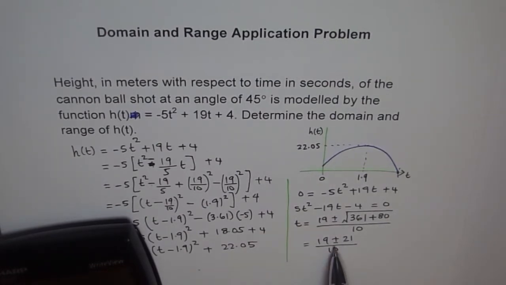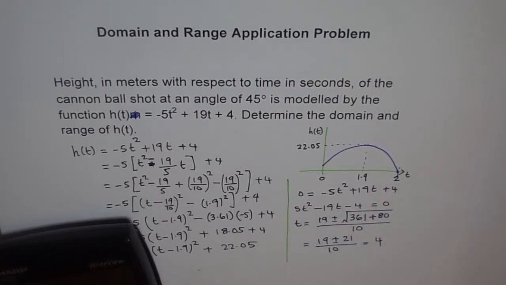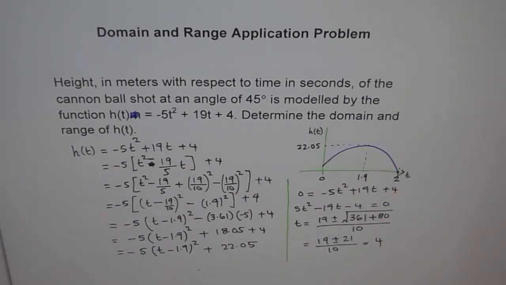If we do minus 21, we get a negative answer, which is not valid. So we do plus 21 to 19, and 40 divided by 10 gives me 4. So the time when it strikes the ground is t equals 4. So from here the domain is from 0 to 4, and the range is from 0 to 22.05, correct?